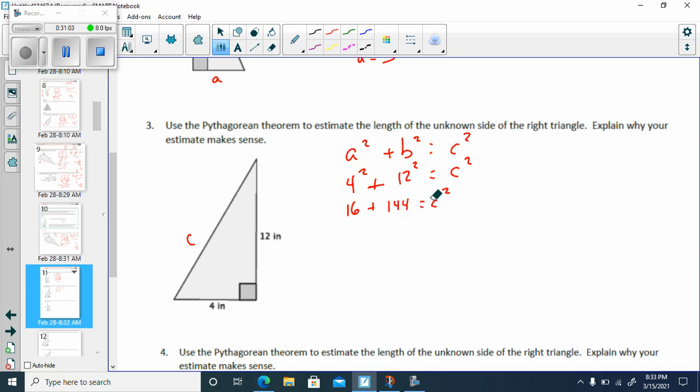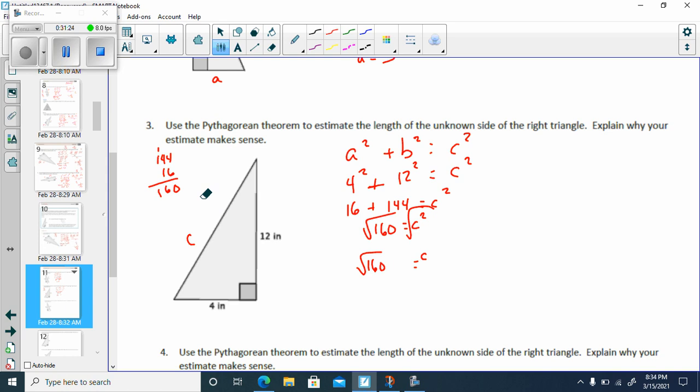This equals C squared. Add these two, and I get, let's see, 144 plus 16. That's 160. 160 is equal to C squared. Let's take the square root of both sides, and C then would be equal to the square root of 160.